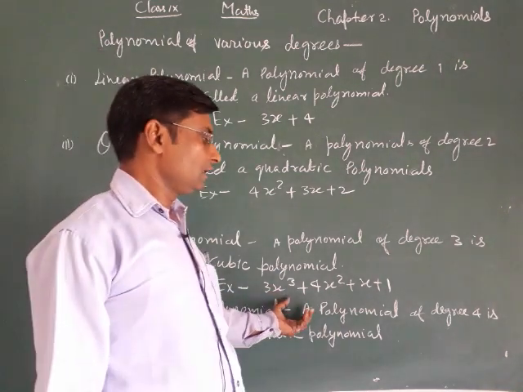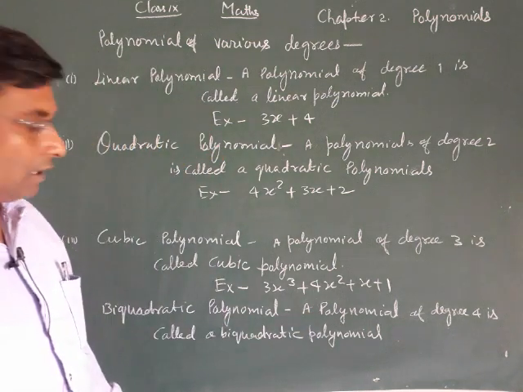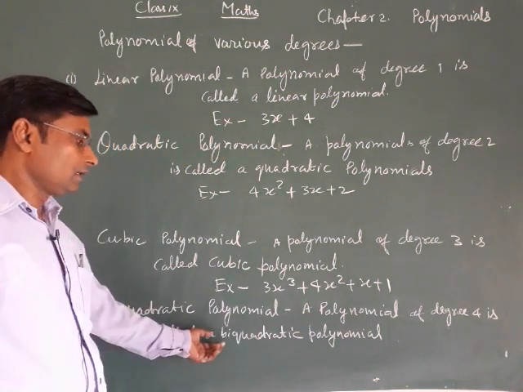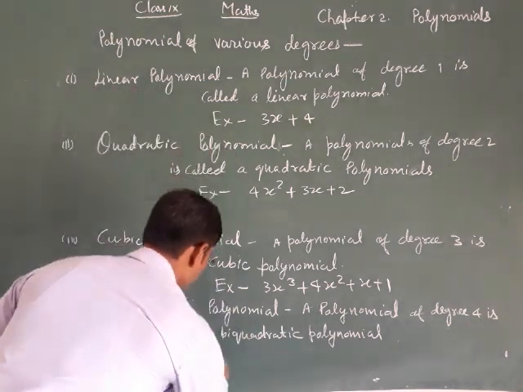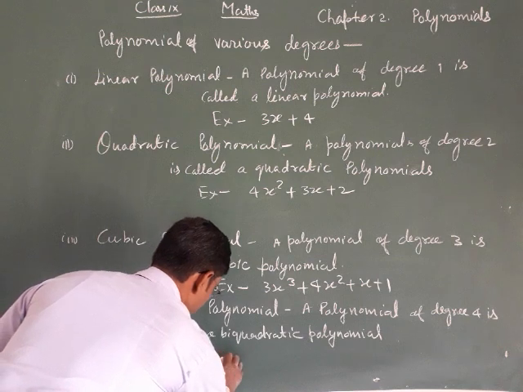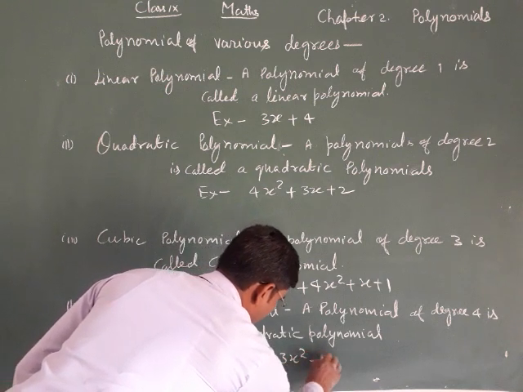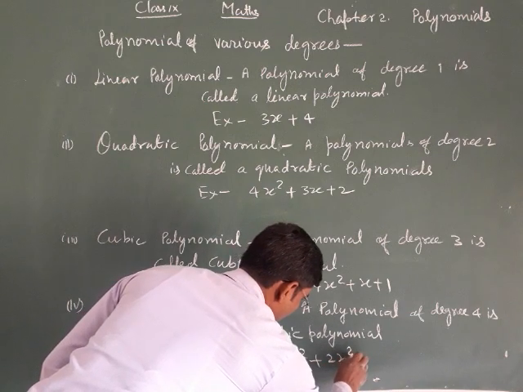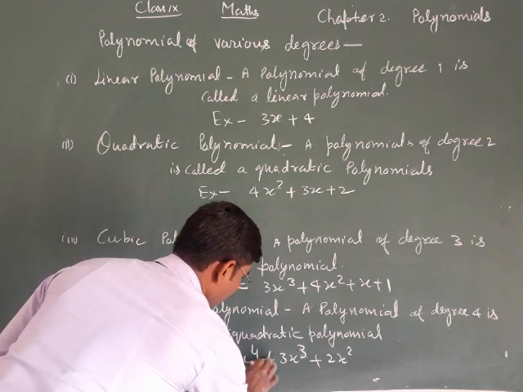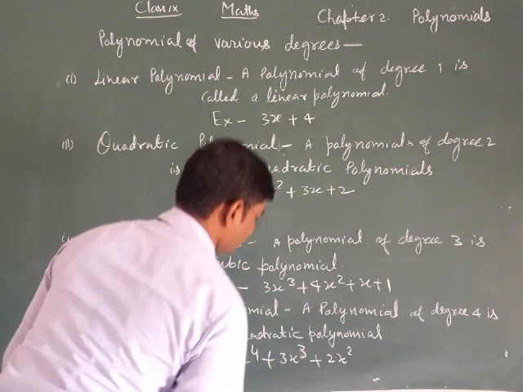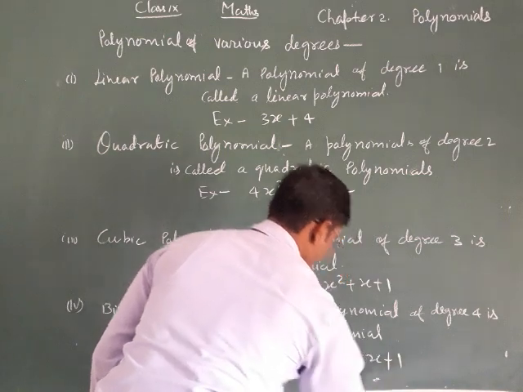A polynomial of degree 4 is called a biquadratic polynomial. For example, x power 4 plus 3x power 3 plus 2x plus 1.